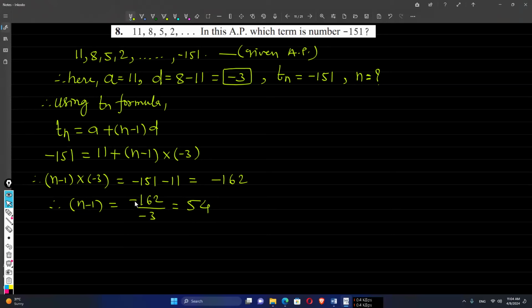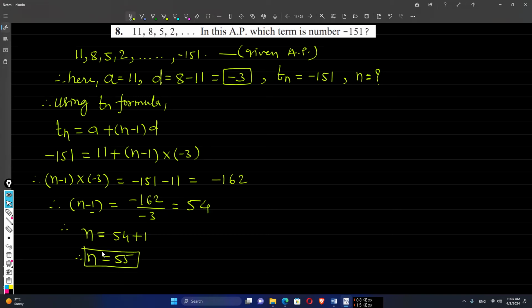Don't forget, the negative in the numerator and the negative in the denominator will give us a positive answer. Therefore, now n minus 1 is equal to positive 54. Therefore, n itself will equal 54 plus 1. This negative 1 will go to the right side and become positive 1. Therefore, n is equal to positive 55.